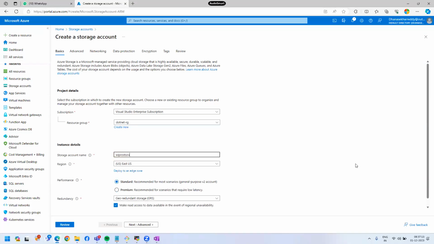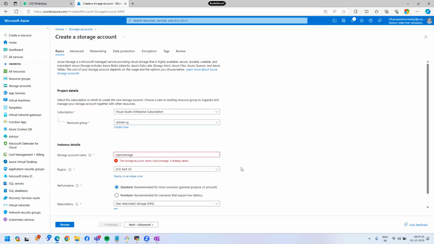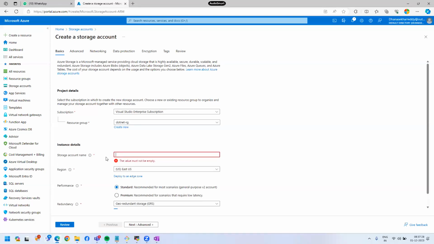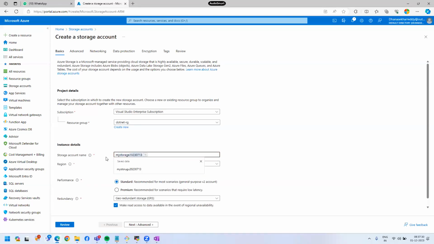Wipro storage, taken by someone. Wipro storage 2023, yes, it is available. Like that, the name should be unique in the globe. Now I am giving my storage 2023, the 12th month 01. Today's timestamp I have provided.